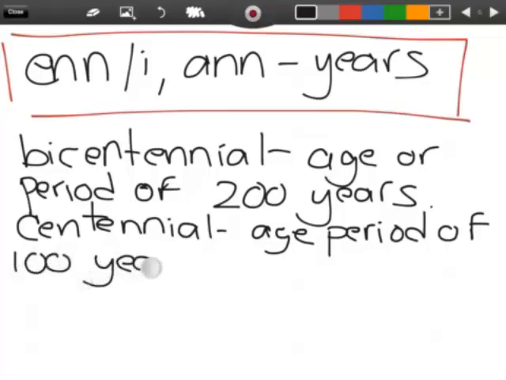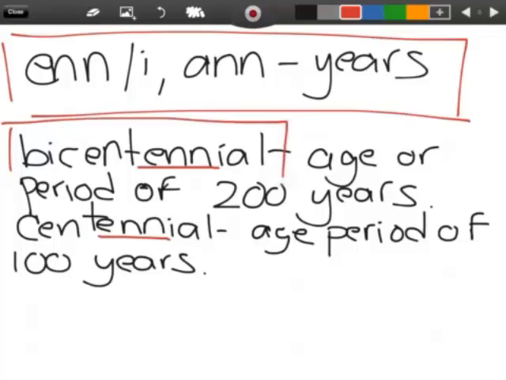I'm going to go ahead and mark the root for you guys so you could see it better. Here's the root in bicentennial, and here's the root in centennial. I'm going to go ahead and take bicentennial and use that in a sentence.